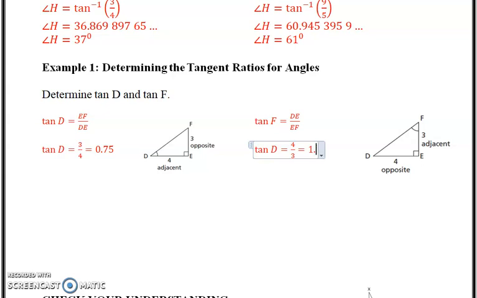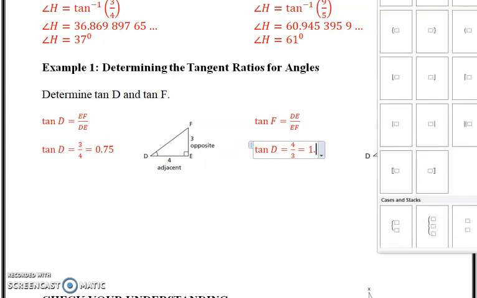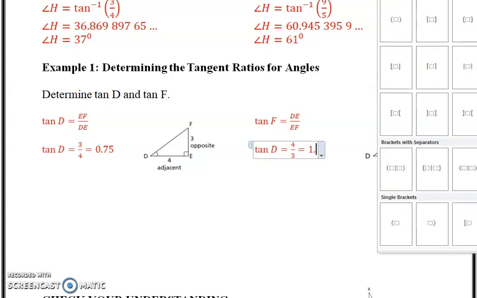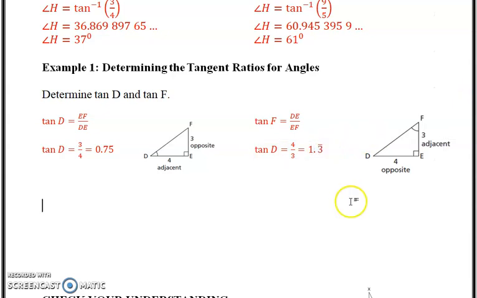Hence why I am not a fan of decimals all the time. So 1.3 with a little bar above it indicates that the 3 repeats.